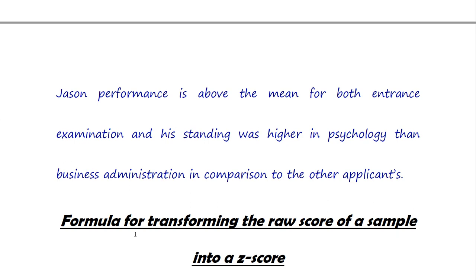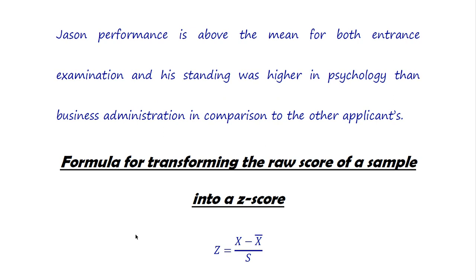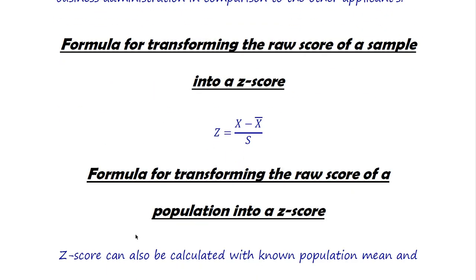Here we discuss the formula for transforming the raw score of a sample into a z score. Z is equal to x minus x bar over s. As you know, the mean of sample statistics is shown by x bar, and s is the standard deviation obtained from the sample data, and the procedure is similar.